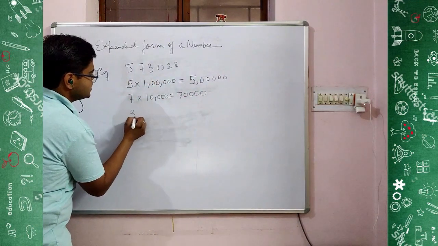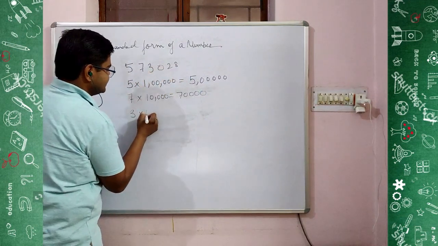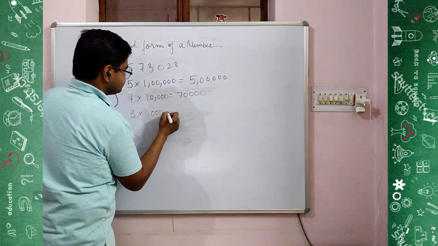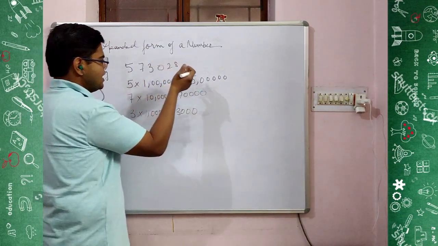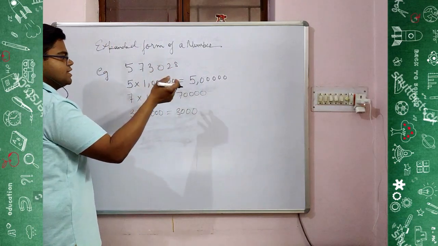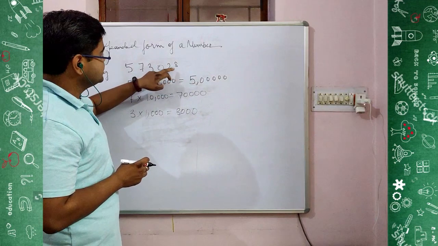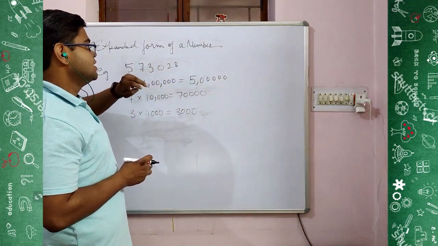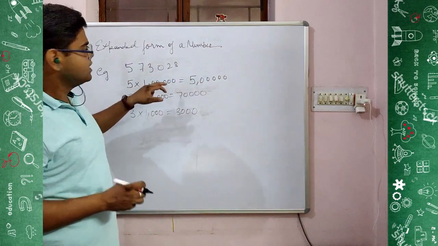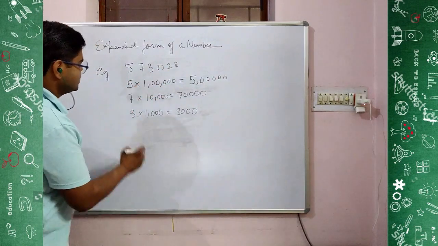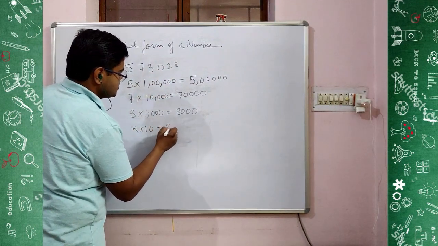Now 3 into 1, 2, 3, ones, tens, 100, 1,000, 3,000. Now 0, 0 has no value if you multiply 0 with any other number. But what will be the place value of 0 here? Ones, tens, 100. So the place value of 0 here is 100. What about 2? 2 into 10. It will be 20.